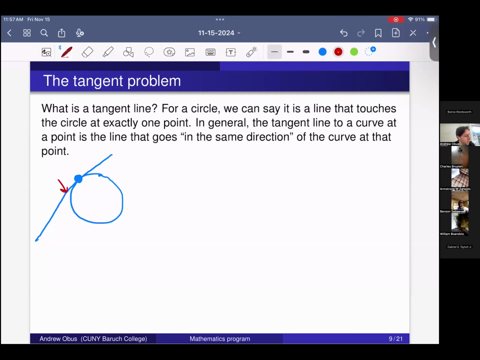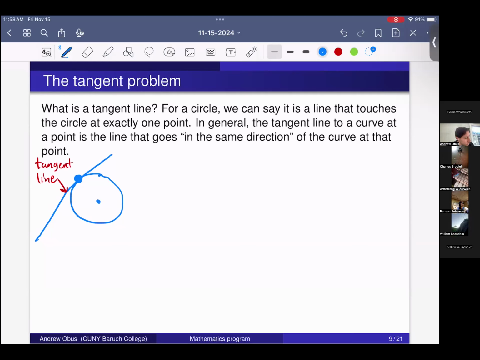This over here, we'll call this the tangent line. Yes, Charles? I just want to add to what you just said. The line touches the circle at one point, and the radius of the circle is perpendicular to the tangent line at that point.